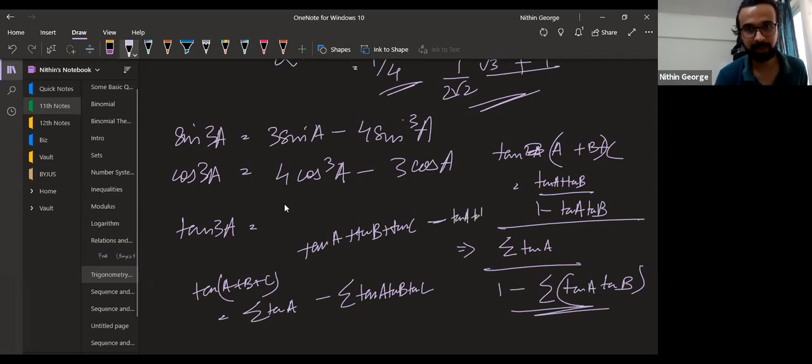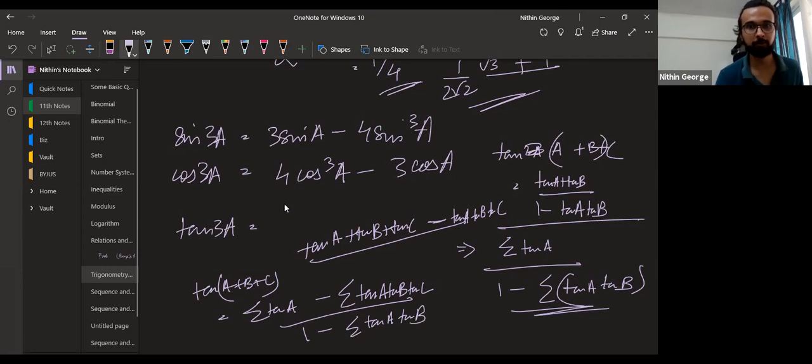Divided by 1 minus the sum taken 2 at a time. Are you following? 1 minus tan A tan B plus tan B tan C plus tan A tan C.